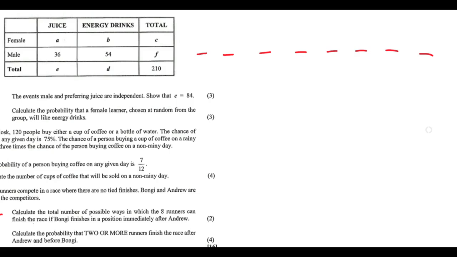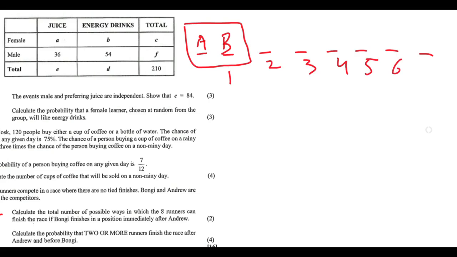So Bongi is A and Andrew is B. So A and B, they are together. So how many do we have now? 1, 2, 3, 4, 5, 6, 7. So it's going to be 7 factorial. Using my calculator, the answer is 5040. So this is my final answer.